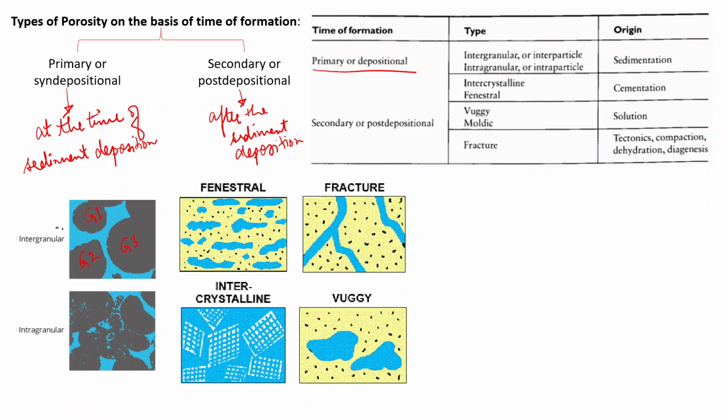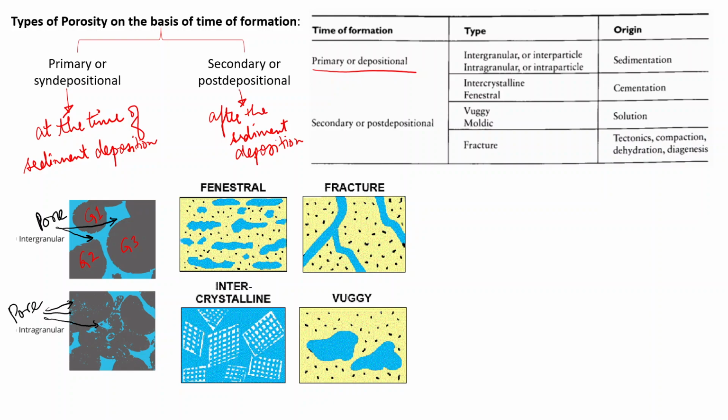So this is the pore here, then this is the pore. So these are all intergranular pores, while once the porosity is within the grain itself, these are the pores within the grain. So these are intragranular pores. They are developed within the particle or the grain.